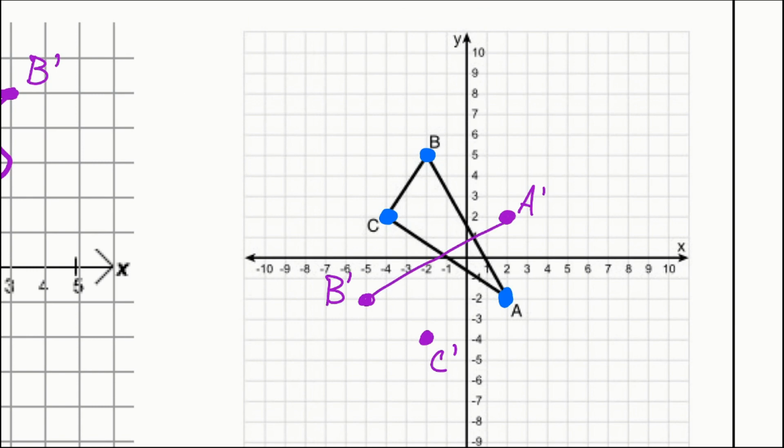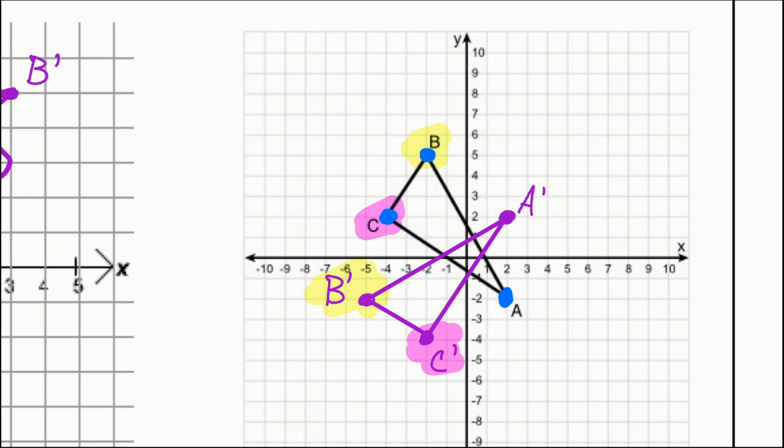Now, as I was plotting these, I started to think, holy smokes, is this just a reflection? But it's not. I want to bring your attention to where these are located. Point A seems like it could be reflected with point A prime. The thing is, B and then C, they're not really where you would expect them to be for a rotation.